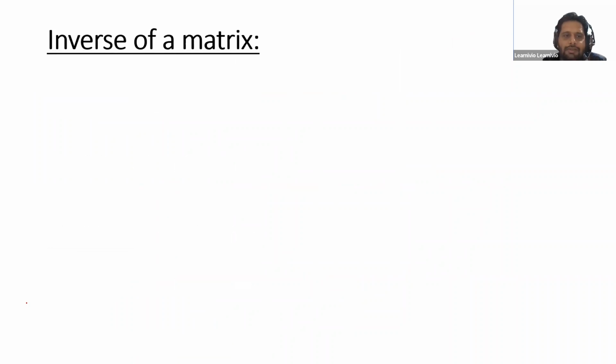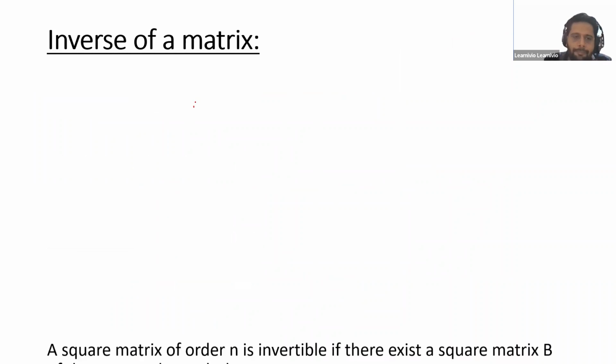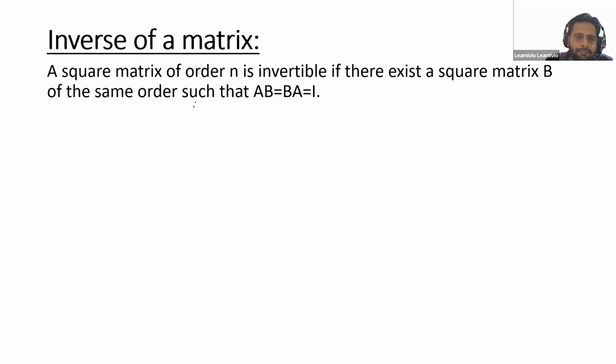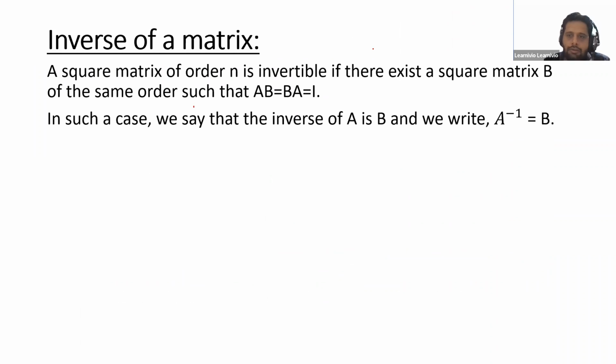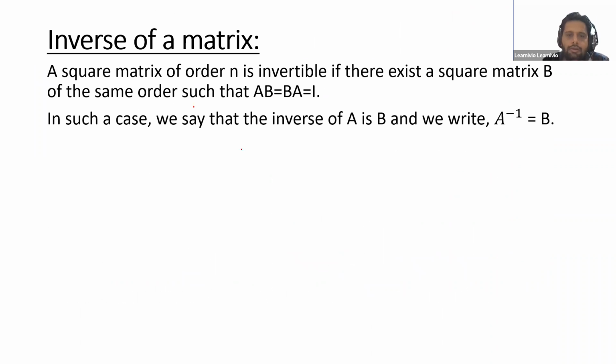Okay, our next topic is inverse of a matrix. Okay. Now, suppose we have a square matrix A and we multiply this matrix A with another matrix B, and we are getting an identity matrix.